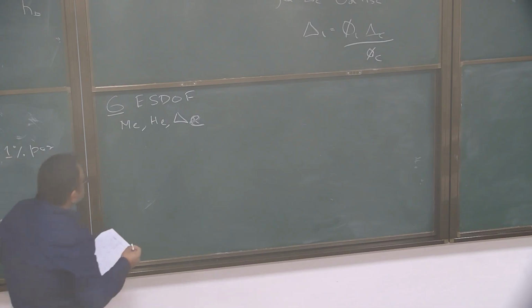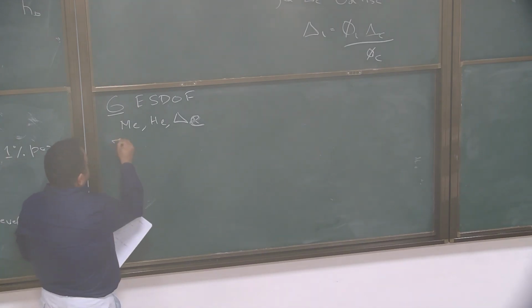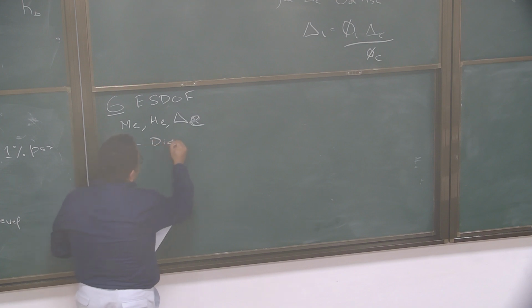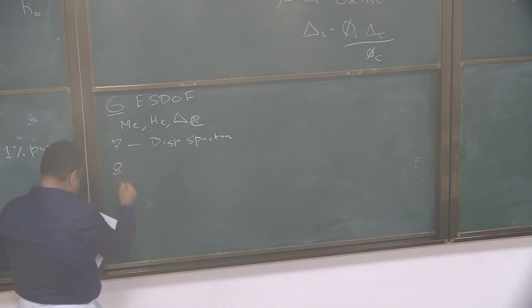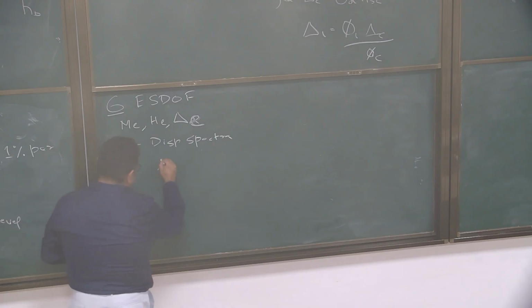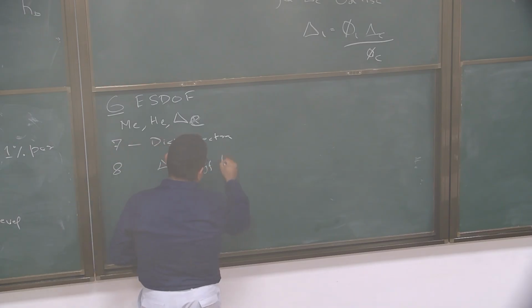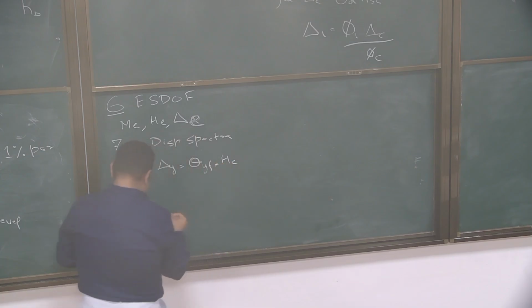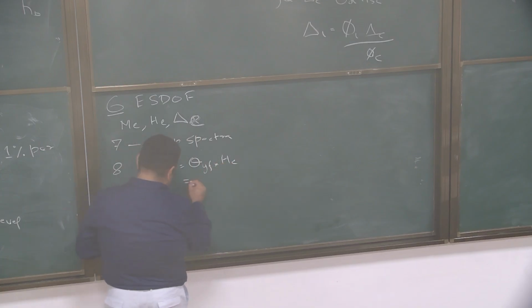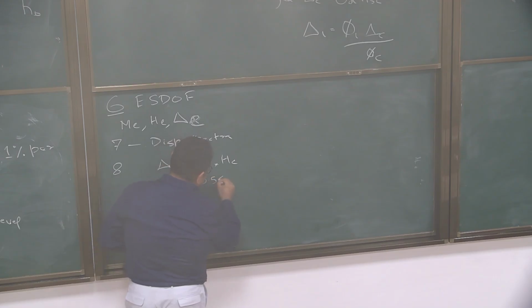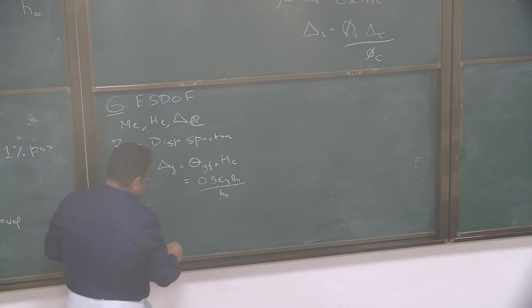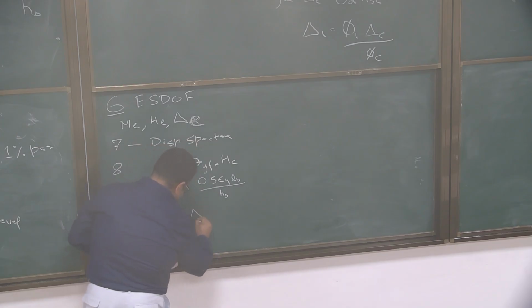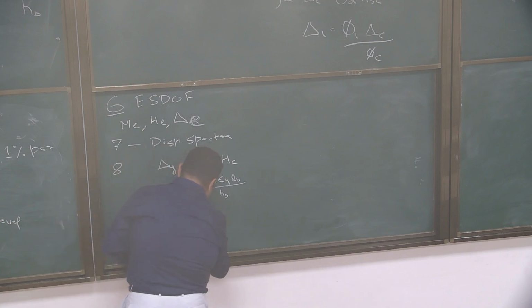And then we have to look into ductility, right? So your displacement spectra. Step 8 is then delta y is theta yf times he. What is theta yf? And ductility is delta D over delta y.